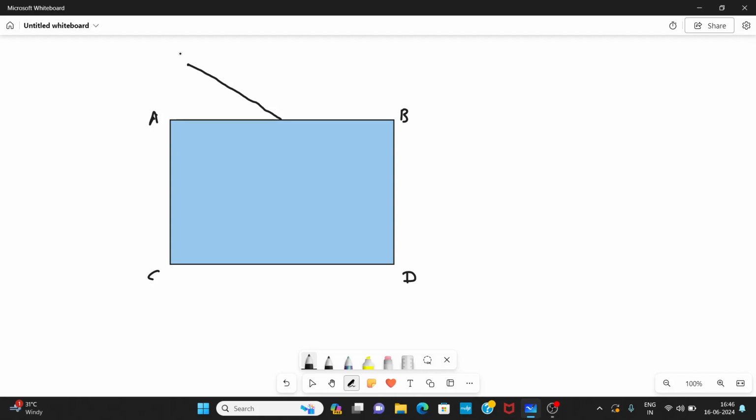Let us name the incident light to be E, F. Okay, now the light is incident on this surface of the glass slab and let us name it to be O. So what happens here? The light is traveling through air here, and it hits your glass slab at O.